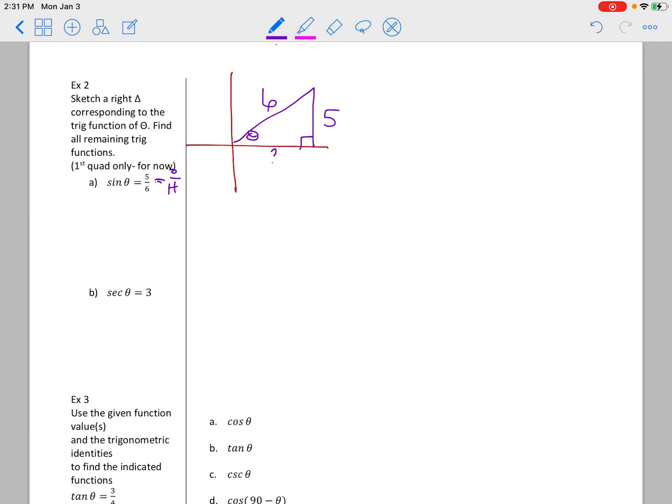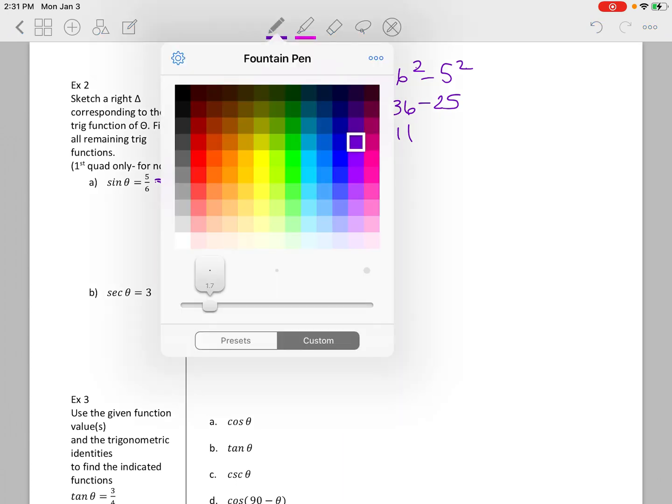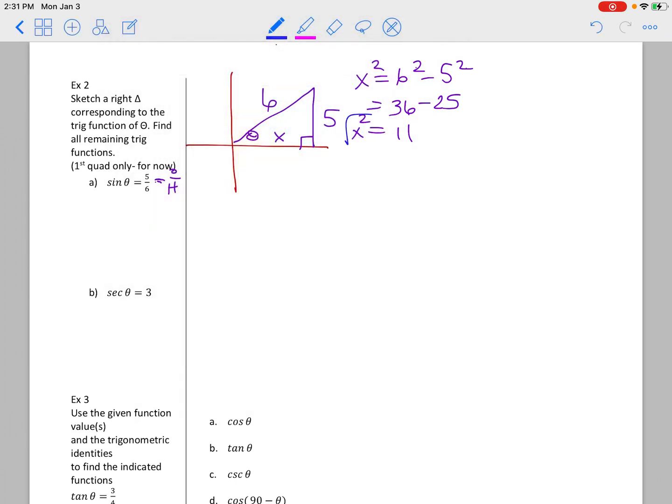So I can label it as, since it says the x-axis, I'm going to label it x. And I can say x squared equals 6 squared minus 5 squared. Well, that's 36 minus 25. And that's 11. So that means that this side right here, along the x-axis, I'm going to take that square root, is going to be the square root of 11.